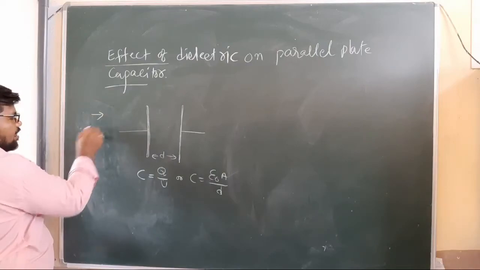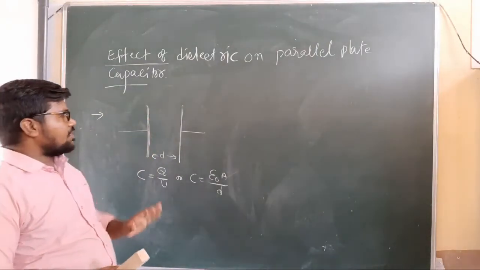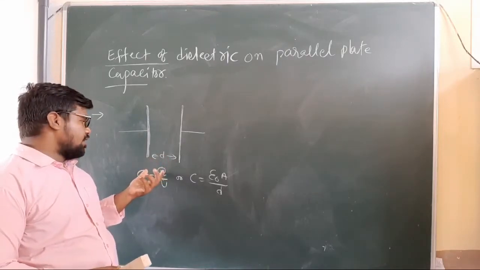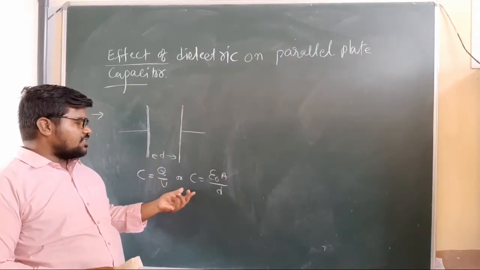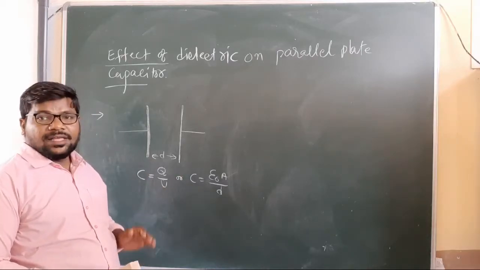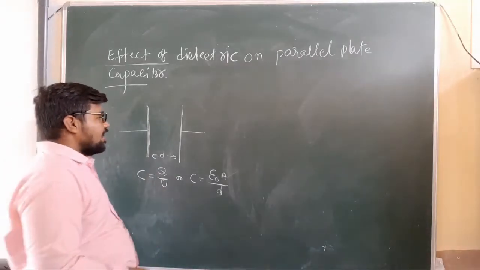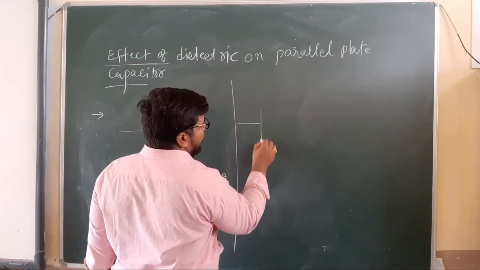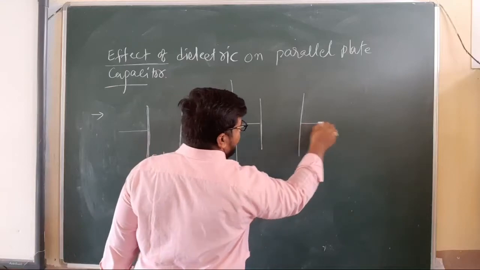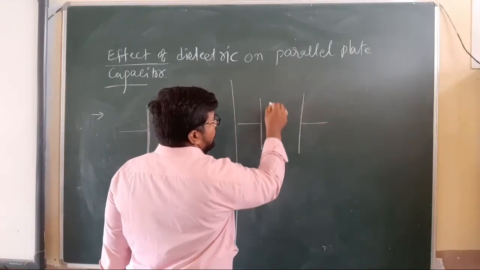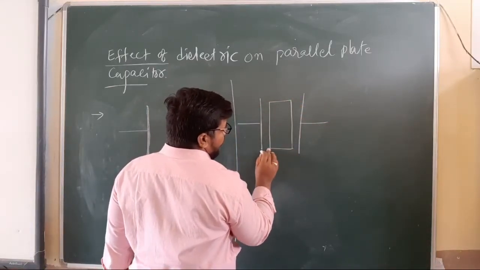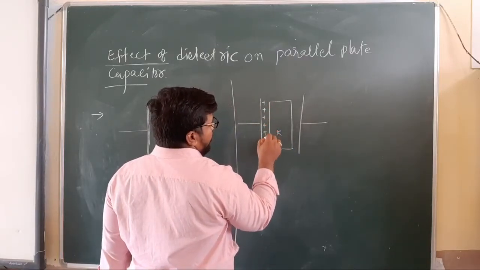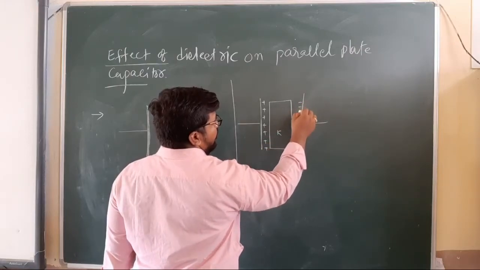So this is the first case. Consider two conductors separated by some distance d. We can say this is a capacitor. C is equal to Q by V, or C is equal to epsilon naught A by D. On the introduction of a dielectric medium, in the second case, we take one dielectric medium with dielectric constant K. Here positive plate, here negative plate.